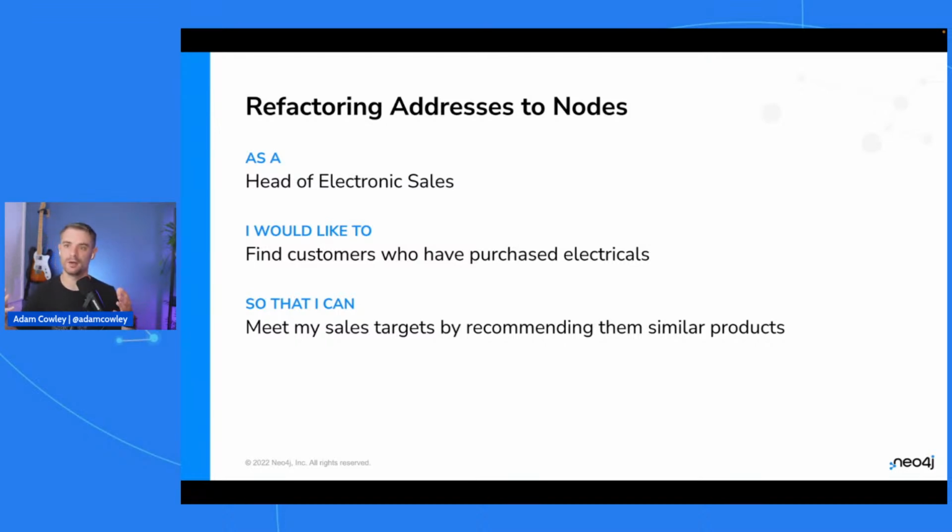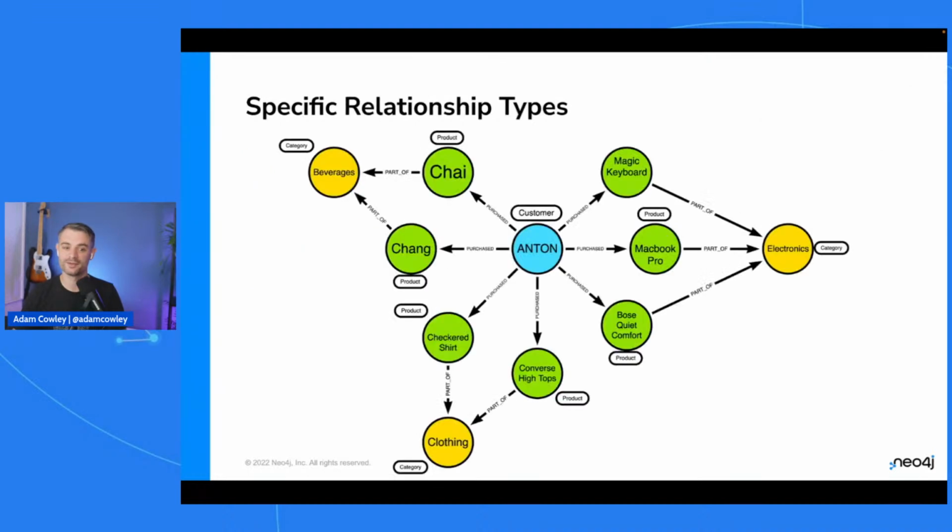Say a new use case comes in: the head of electronic sales for the company wants to find all the customers that have purchased electrical items, and then maybe recommend them similar products in order to boost their sales numbers.